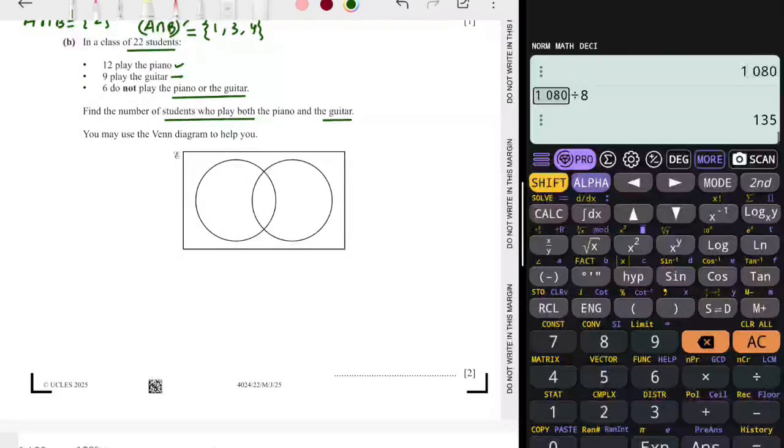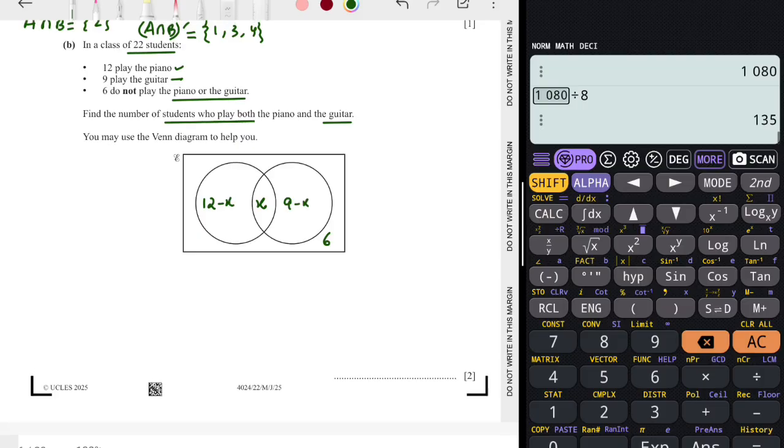So first of all we have to fill in the required information in the Venn diagram. Since we have to find the number of students who play both piano and guitar, X would be here, and 12 minus X would be written here for piano only, and 9 minus X would be here, and 6 would be written outside.